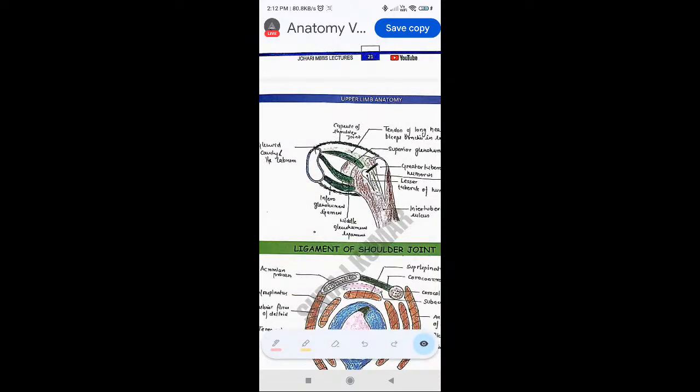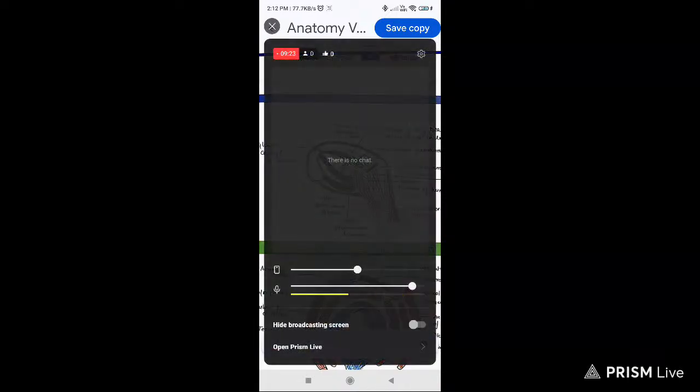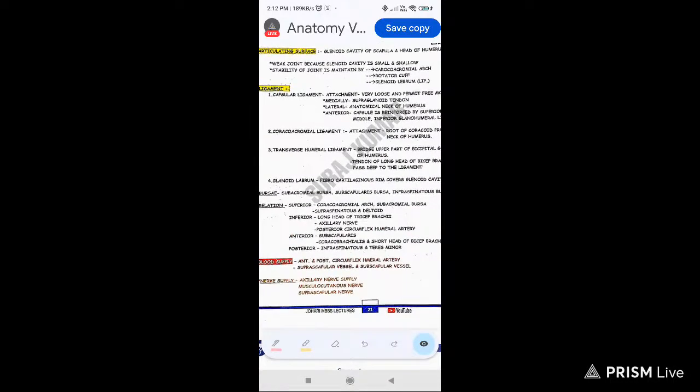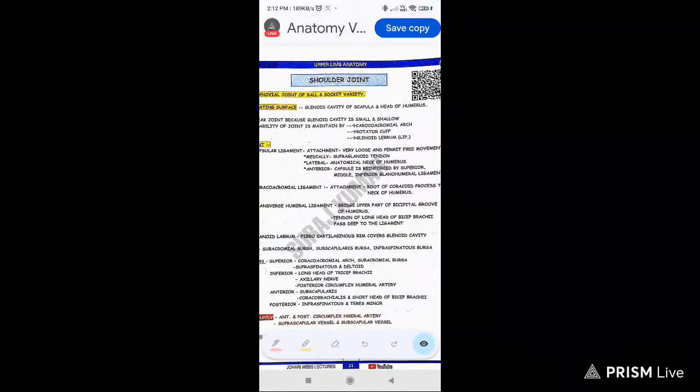The glenoid cavity is deepened by the glenoid labrum. Labrum means lip. So it helps in deepening the glenoid fossa, because the glenoid fossa is a shallow one. That's why to deepen that we have the glenoid labrum.